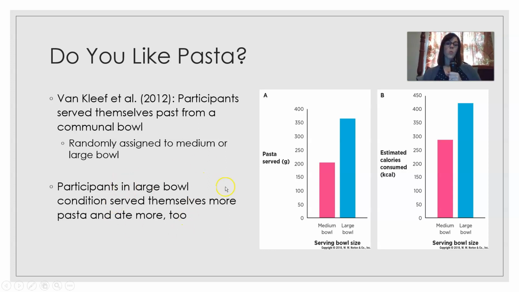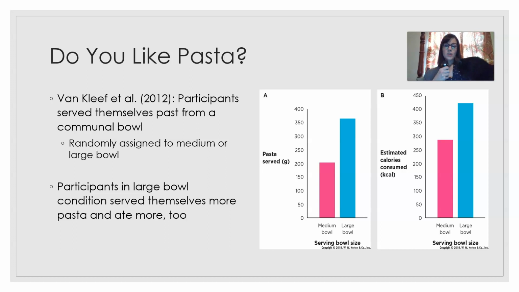Generally what we find is that when you have to serve yourself from a larger bowl, you tend to take more. In this case, the group in the large bowl took almost 200 grams more pasta, basically taking 140 kilocalories, or just plain calories with a capital C, more than the medium-sized group did.